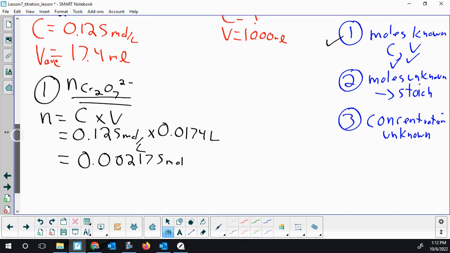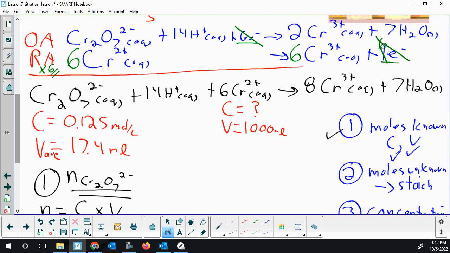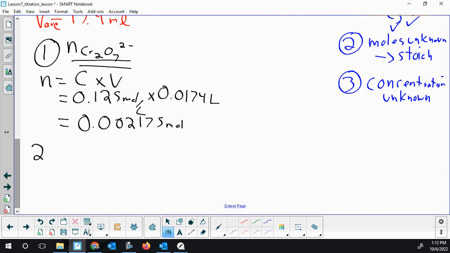Our second step is going to use 1 dichromate requires 6 times more chromium ions. Now I wrote in moles of the chemical to make sure we do the required over given properly. Okay.